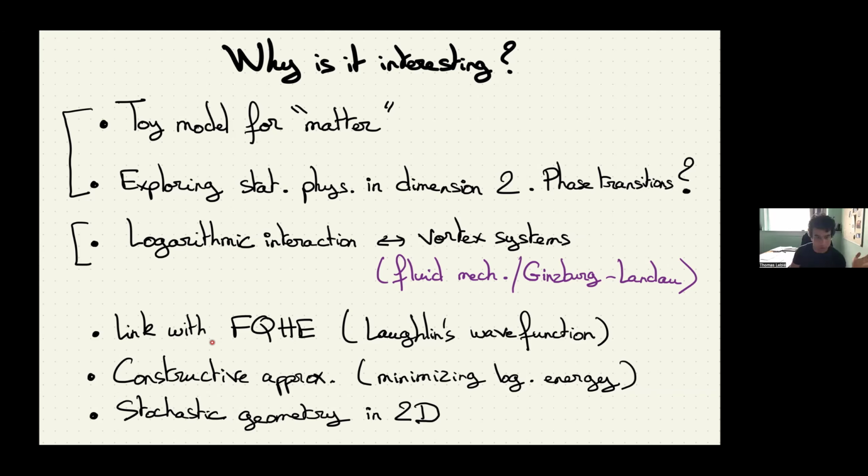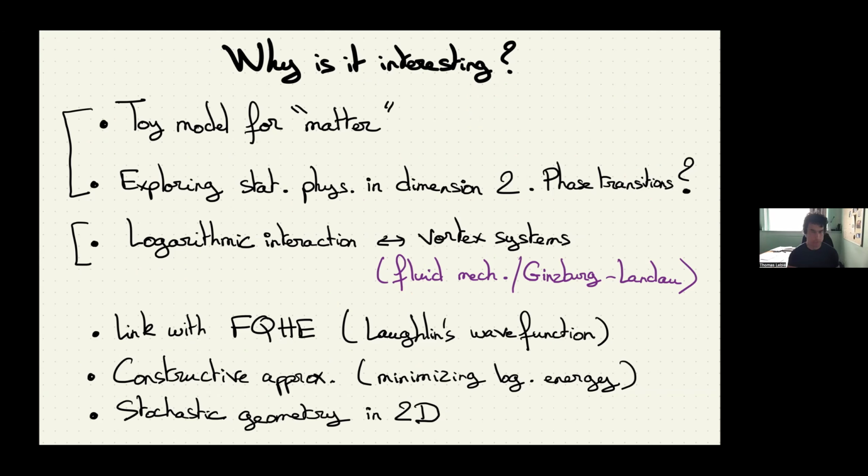And then there are other connections with the fractional quantum Hall effect. You could be interested in trying to minimize this Coulomb energy, which leads you to questions about non-random constructive approximations. And then I will give examples of other models that place this model in a wider family of models of stochastic geometry in 2D.